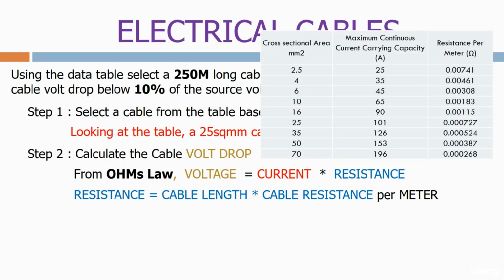Here's the cable data table from before. We can see from the table that for our 25 square millimeter cable, the resistance per meter is 0.000727 ohms per meter. Let's put that into the equation.